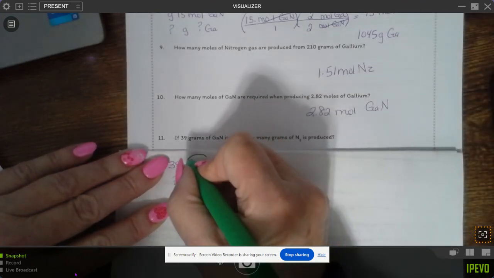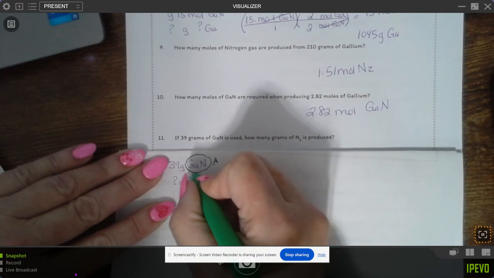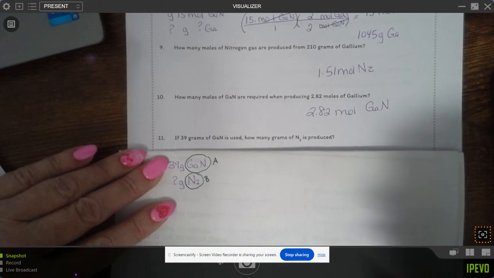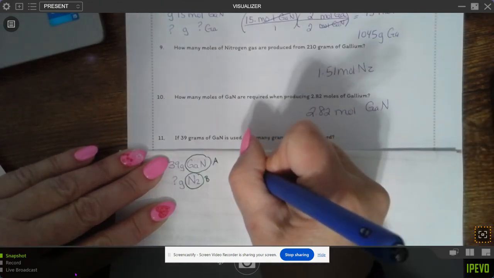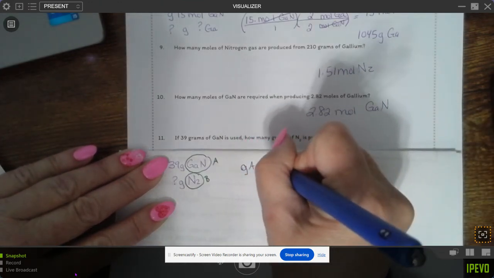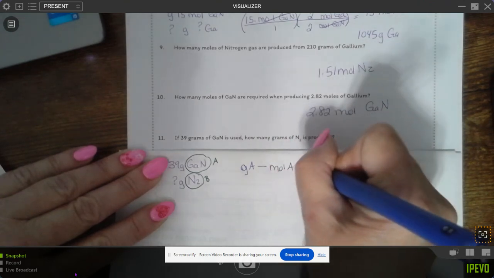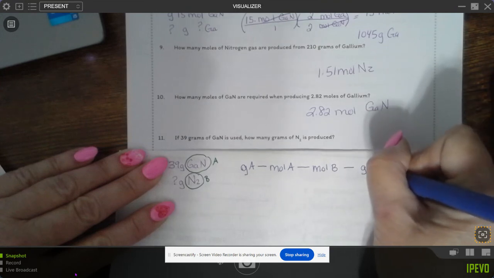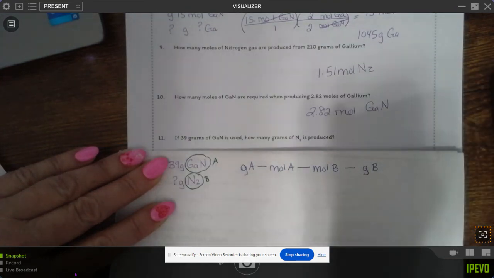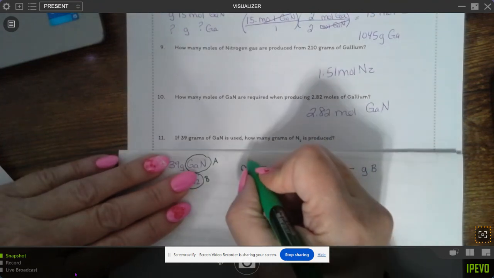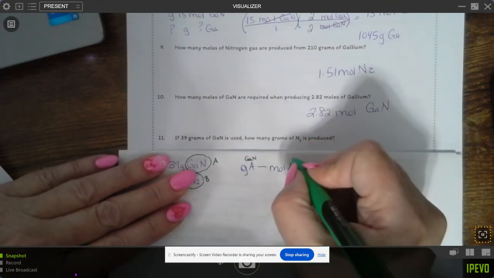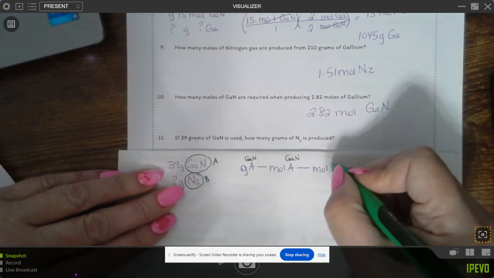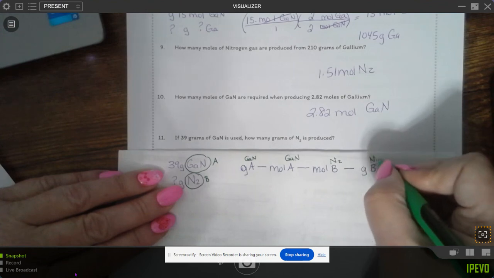Okay, so gallium nitride is A, nitrogen is B. Let's put our mole map up here. All right, so A is gallium nitride. Anywhere I have an A in my mole map, I need to write gallium nitride. Anywhere I have a B, I need to write N2.